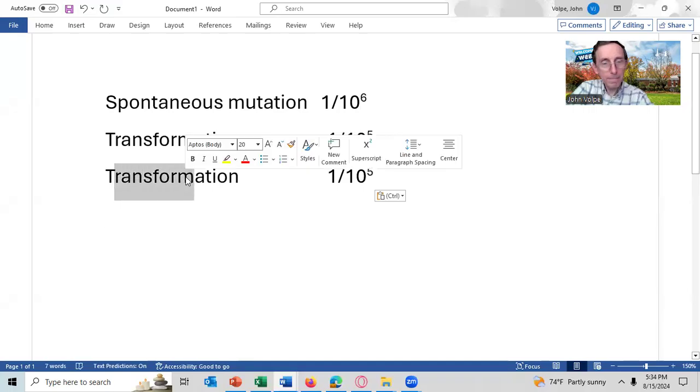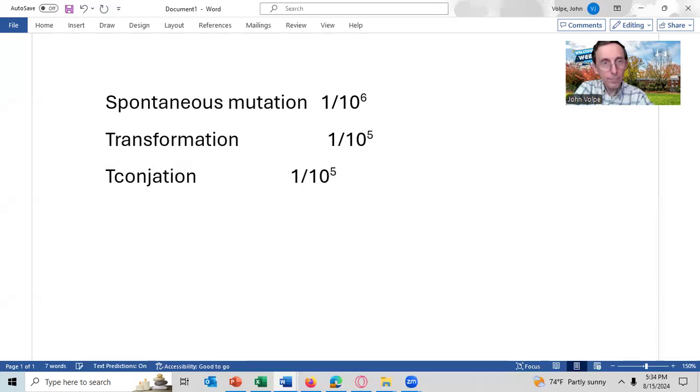Conjugation also happens about 1 in 10 to the 5th cells.